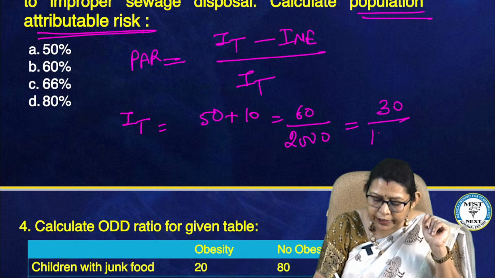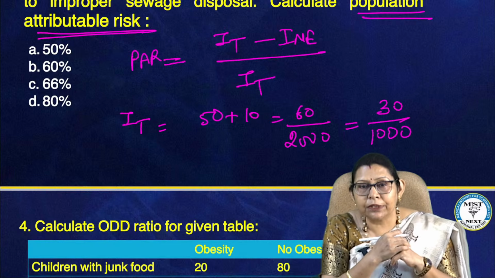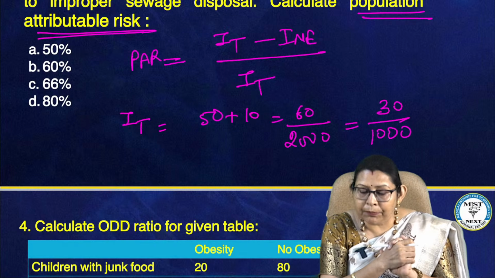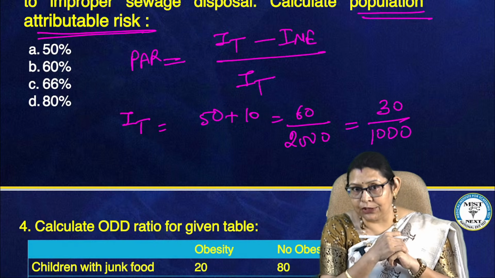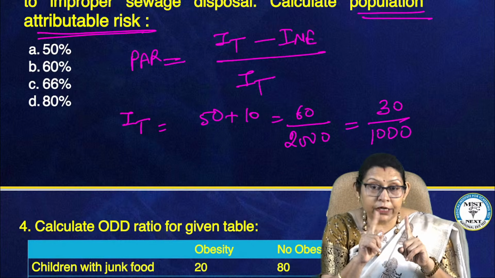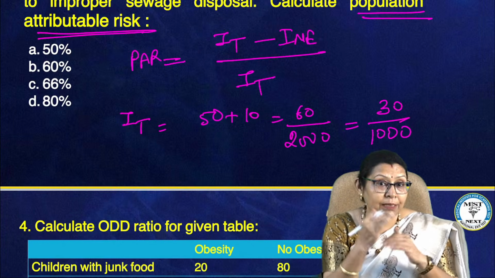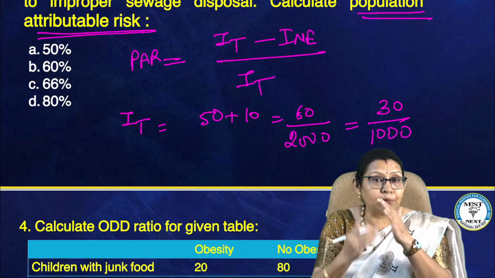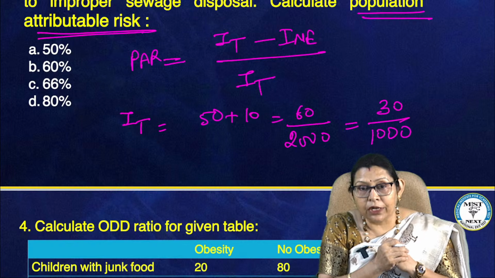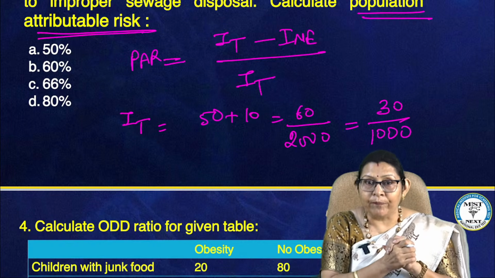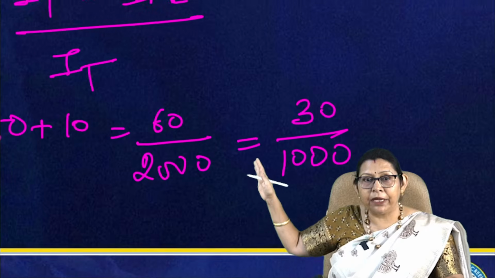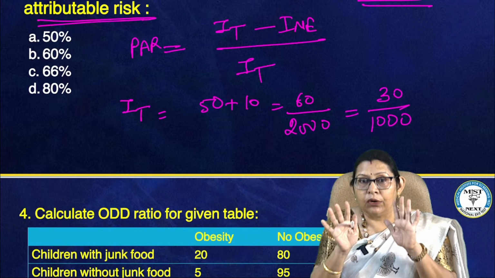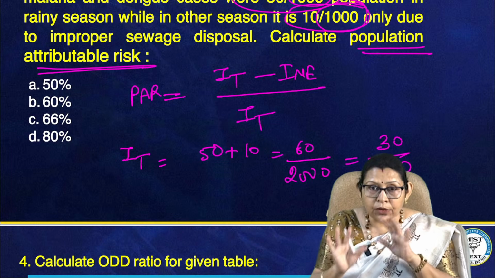So convert into a single unit as per 1000. So it will be 30 per 1000 population. Okay? 30 per 1000 population is your incidence in total. This is important, beta, what I told you first in relative risk: suppose the units are different, one given per 1000, another per 2000, then you have to convert into 1000. You have to convert into a single uniform unit. So here the incidence in total will be 30 per 1000, not 50 per 1000 or 60 per 1000.